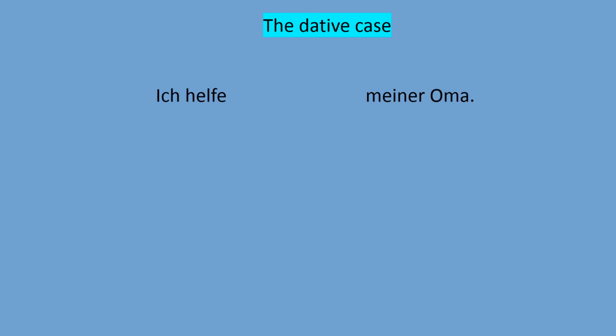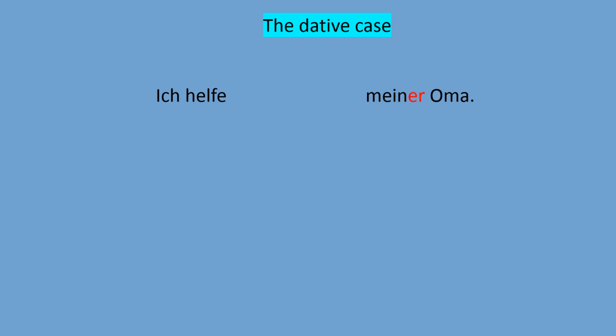Sometimes in the German language we use verbs which have a direct object in the English sentence, but in the German sentence are still used with indirect objects. For example, the verb to help. "Ich helfe meiner Oma."